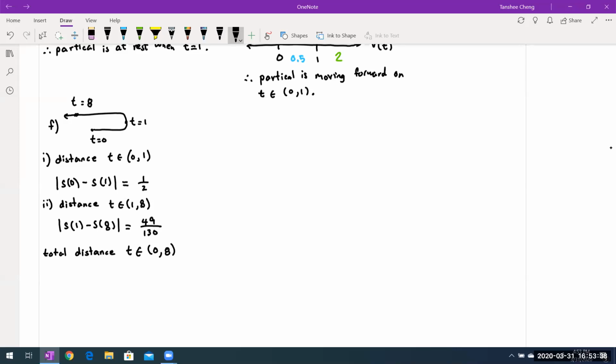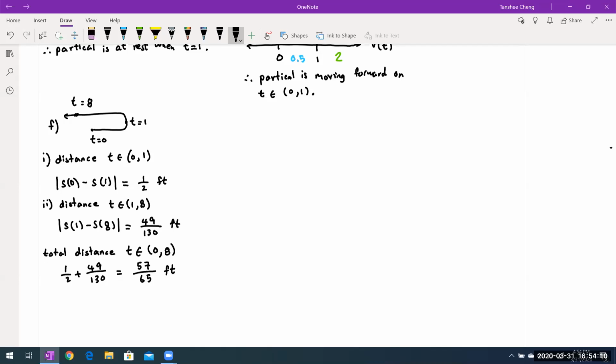We are adding 1/2 plus 49 over 130, and this gives my final answer, which is 57 over 65 if you use a calculator. Since these are in feet, make sure you indicate your units. These are feet. All right.